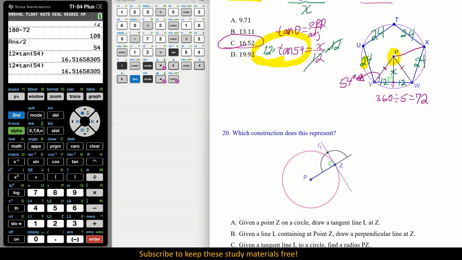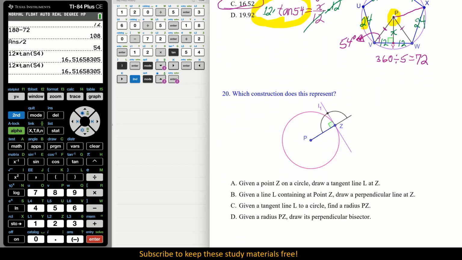All right, 20 says, which construction does this represent? Oh, I can see it. Okay, when we're constructing, especially from looking at this image, you're going to construct that circle first. You're going to construct the circle. Then from that point on the circle, it could be any point on the circle, you would draw a ray out.